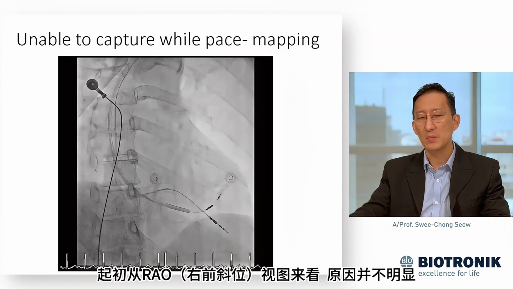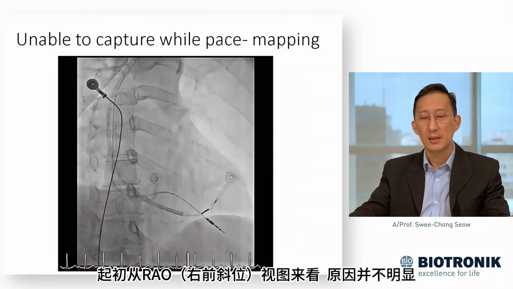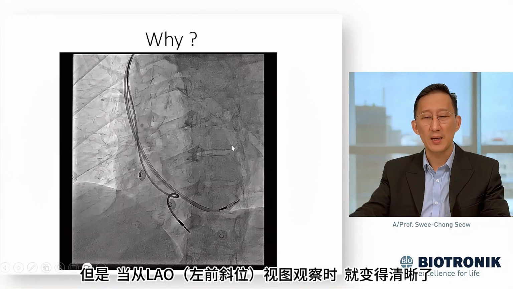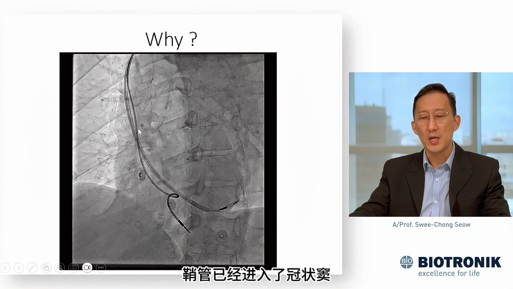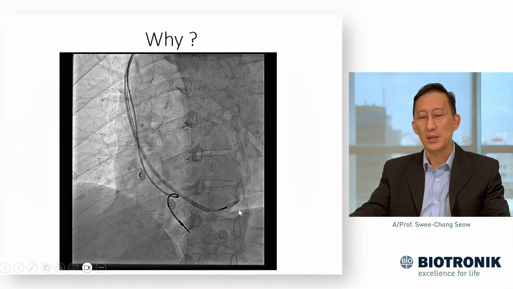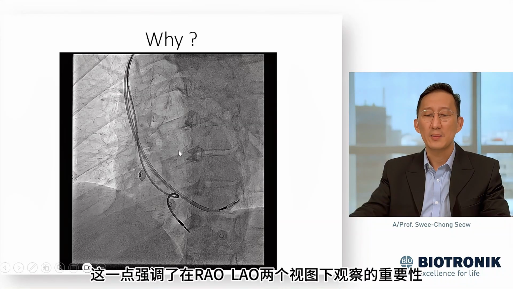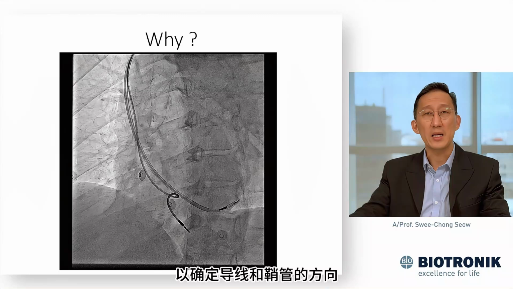And it doesn't appear obvious why at the outset from the RAO projection, but in the LAO projection, it becomes clear that the sheath has entered into the coronary sinus and into one of the left-sided coronary veins, and therefore, you can't capture because the lead is just floating in the CS. So it is important to look in two views, not just in RAO, but also LAO to see the orientation of your lead and your sheath.